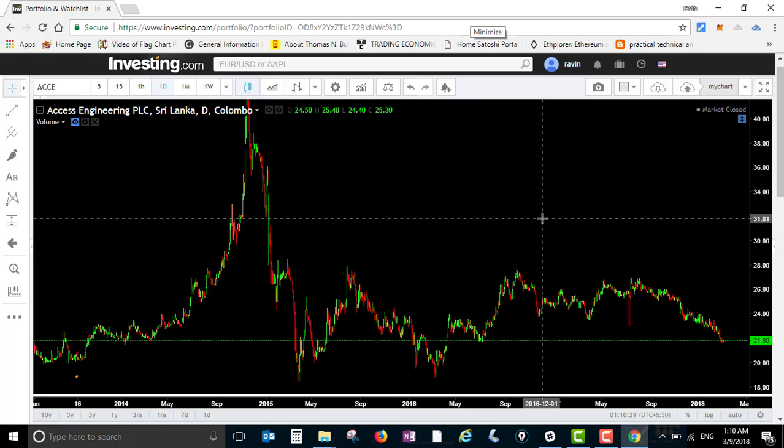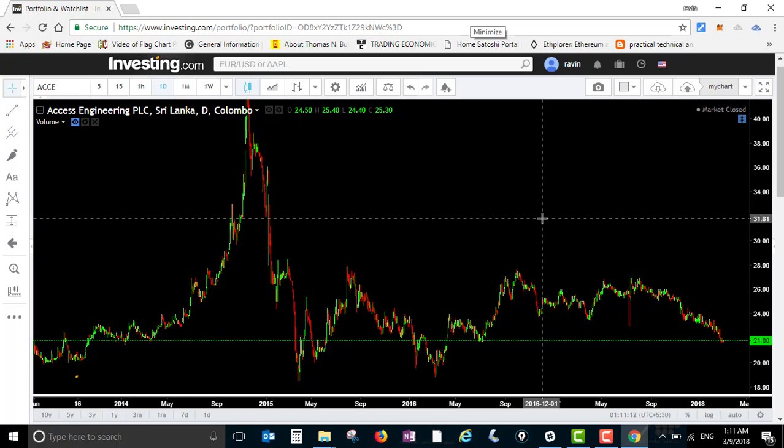And once you finish that, you can analyze the day chart. Unfortunately, in the Colombo Stock Exchange, you can't drill down to 4 hours or 1 hour, whereas in some markets in the world you can go to the 1 minute chart. Due to the illiquid characteristic of the Colombo Stock Exchange, I prefer to drill down up to the 1 day chart.